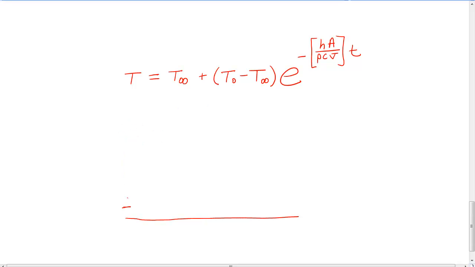We're going to take our cold sphere, and say our T naught, we're just going to guess, was 70 degrees, and our T infinity was, say, 180, and we took our sphere and put it in there. Let's take a look at several values of this in MATLAB and see what we can come up with.